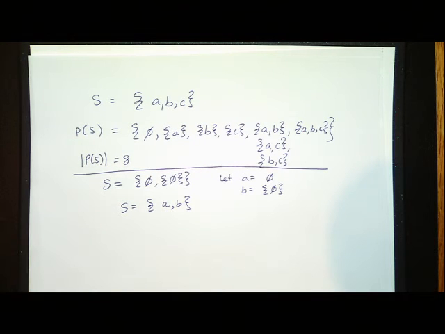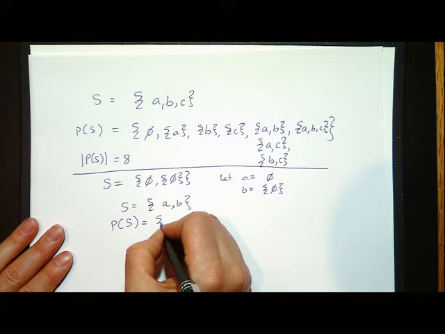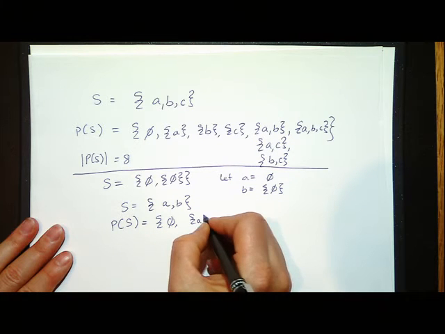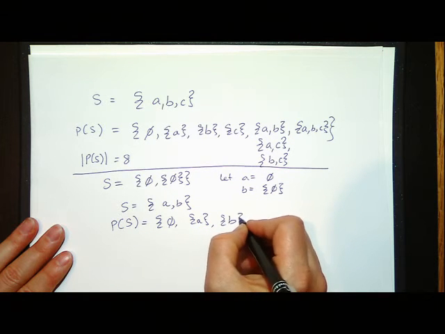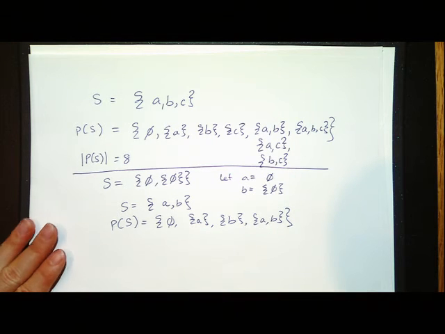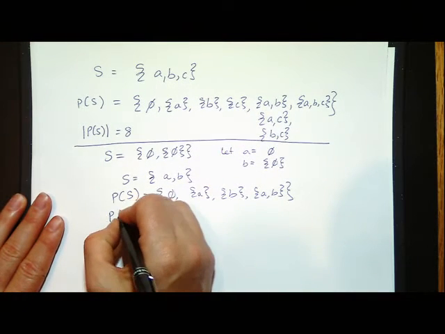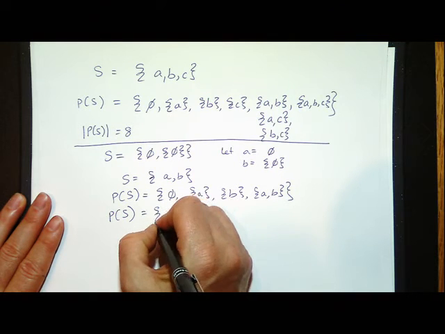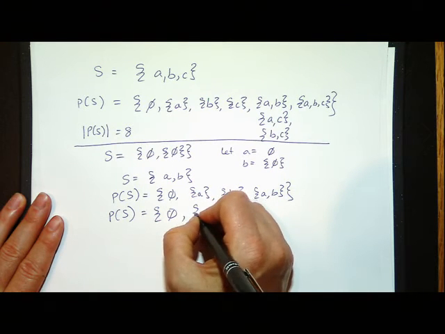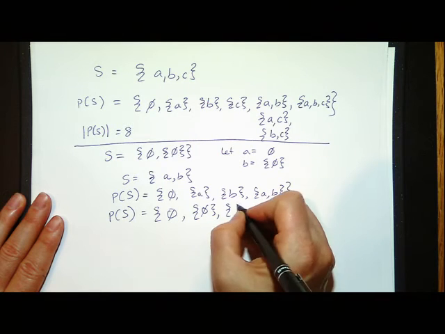Super easy to do the power set. Let's do it. Empty set, set containing A, set containing B, set containing A and B, and I'm done, right? Always the same. It's not a different process no matter what the elements are. And then I can plug back in. Whatever A is, I just copy it. Whatever B is, I just copy it.